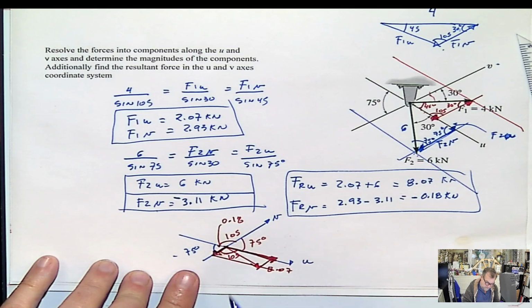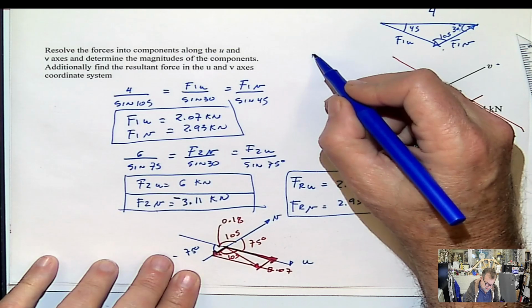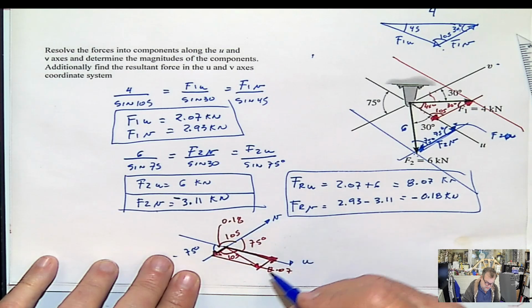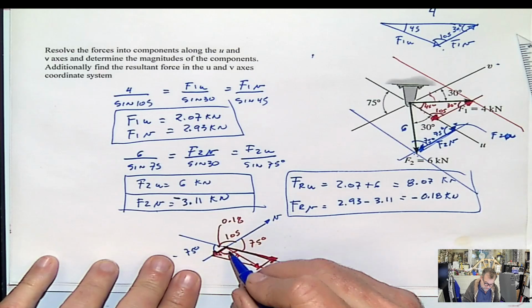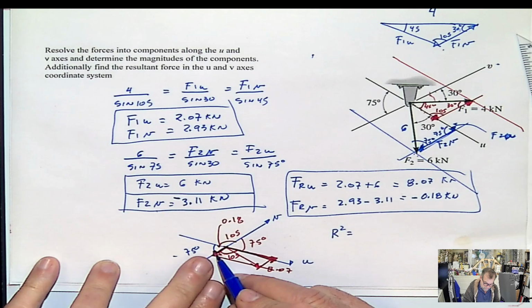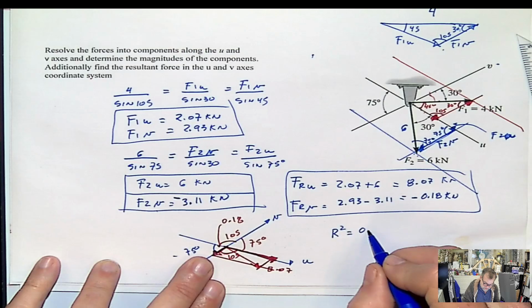Remember the law of cosines basically is, if you have a triangle ABC, then it's A squared plus B squared. So my resultant force squared is going to be equal to this component squared, 0.18.